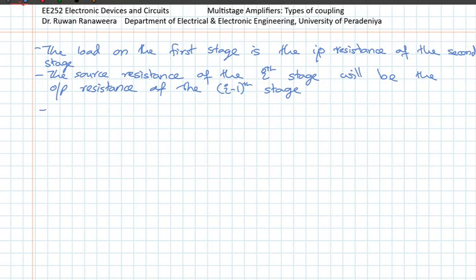So with this, we can have different types of amplifier configurations for each stage, and therefore different input impedances and output impedances for different stages.